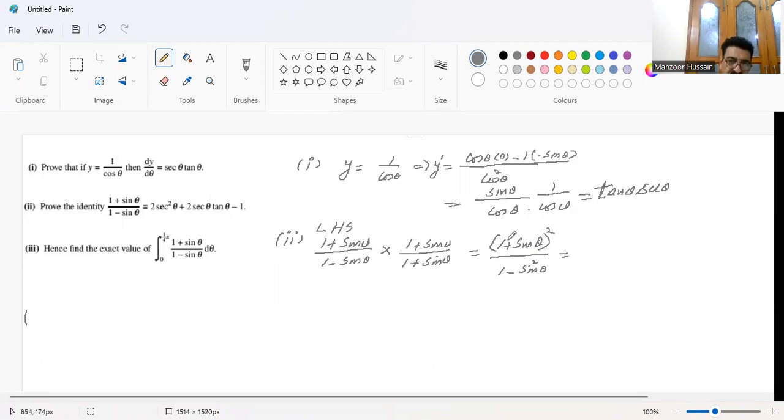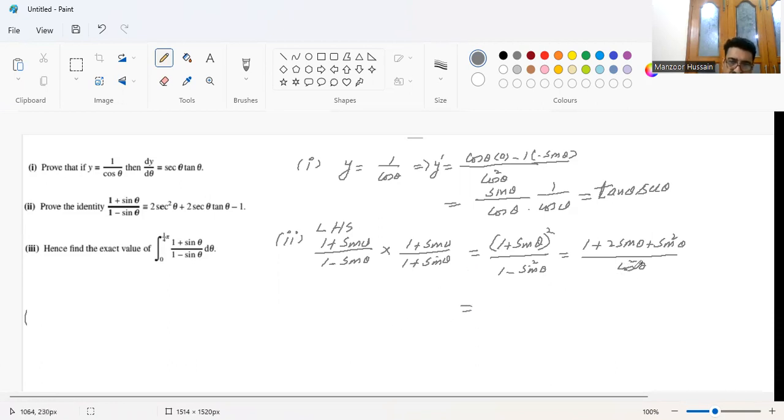In the next step, obviously we shall open this: plus 2 sine of theta and plus sine square theta. And of course, what is this? It is equal to cosine square of theta. Now, what is our option?